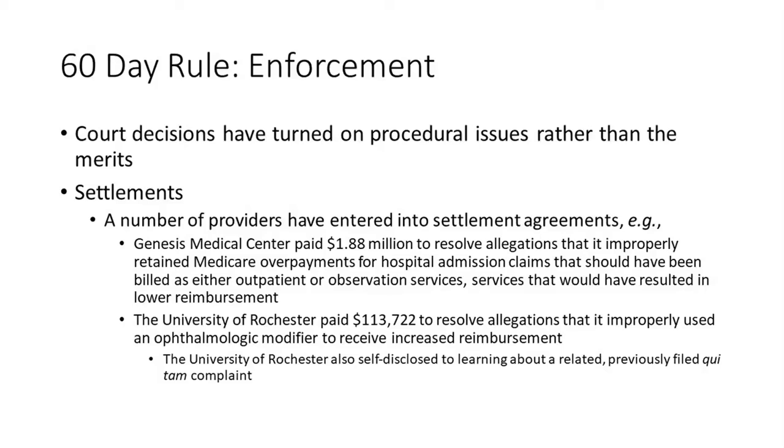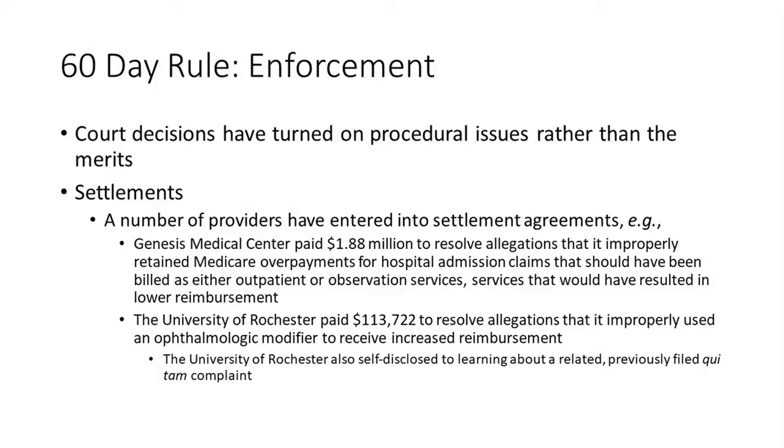We have seen quite a few settlements, though, there's a couple examples that I flagged here. Genesis Medical Center, it's a $1.8 million payment to resolve allegations of overpayments due to incorrect coding. They should have been billed as outpatient or observation services rather than admission claims, and that would have resulted in lower reimbursement.